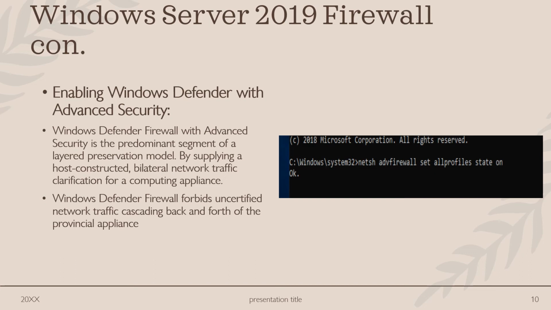Windows Defender Firewall with Advanced Security is the main segment of a layered protection model by supplying a host-based, bidirectional network traffic filtering for computing appliances. Windows Defender forbids any unauthorized network traffic flowing back and forth on your appliance. So yeah, it's definitely recommended to have this on your computer.